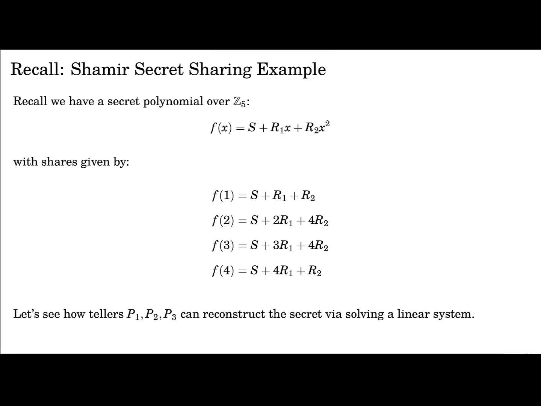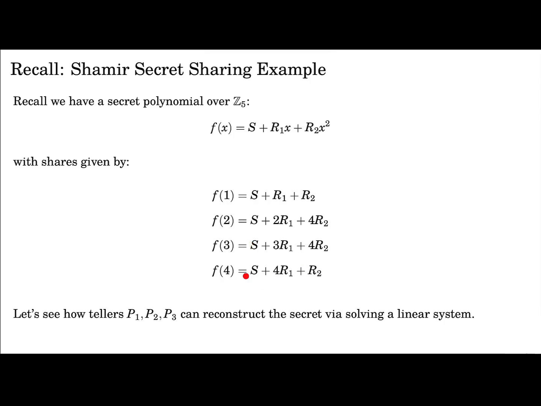So let's return to the same example as before that we already solved with polynomial interpolation. Our polynomial was this f of x, our secret was here, and we had these two random coefficients. And these were the shares that were given to each one of the participants. So teller 1 got f of 1, teller 2 got this, teller 3 got this, and teller 4 got this.